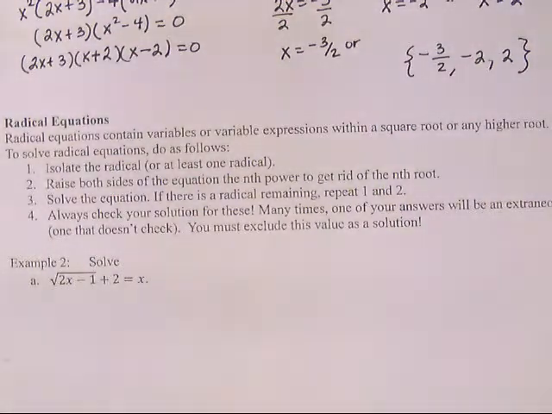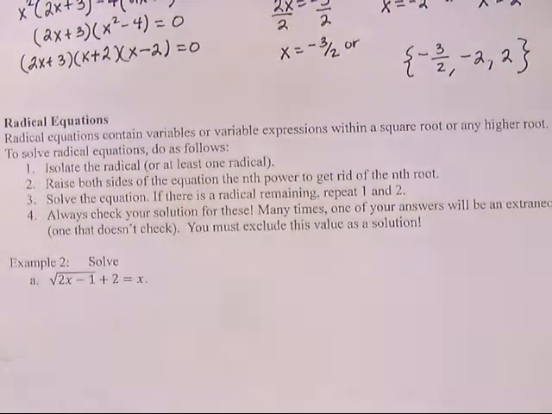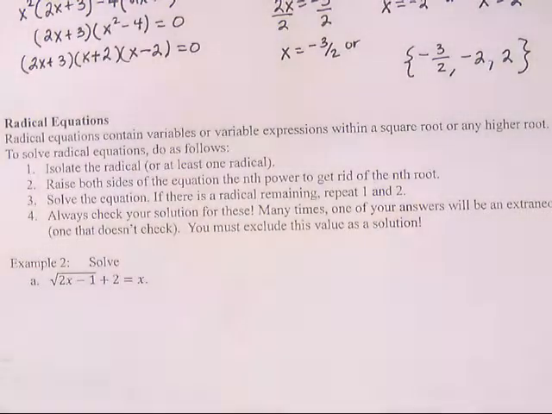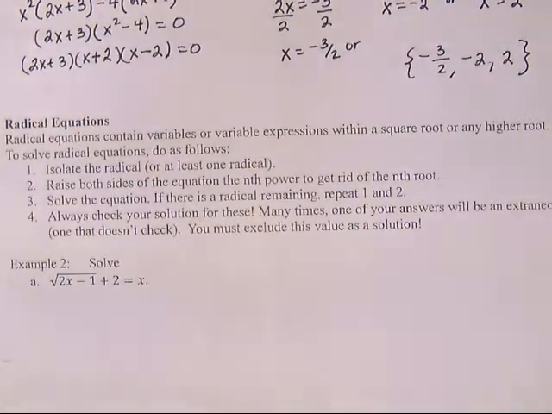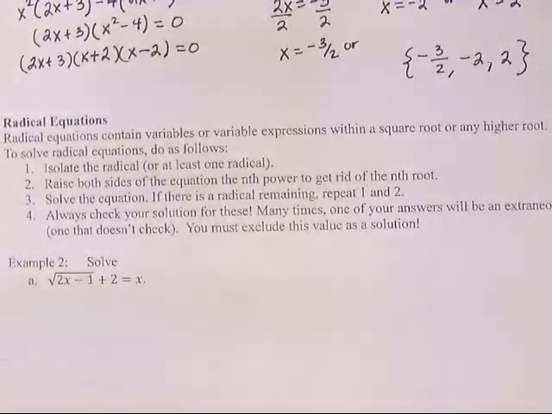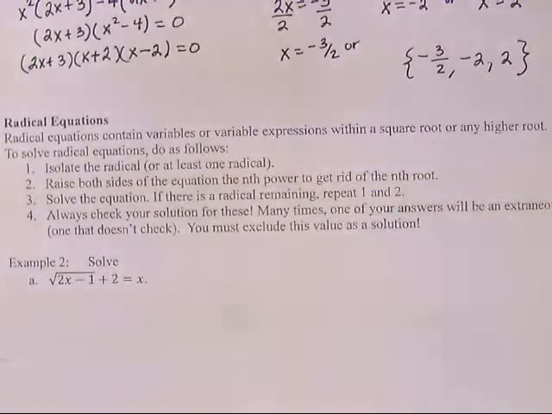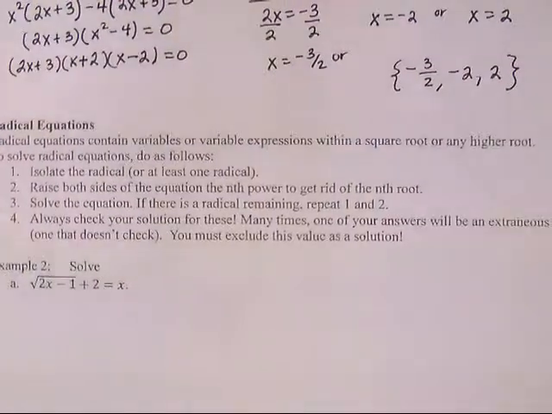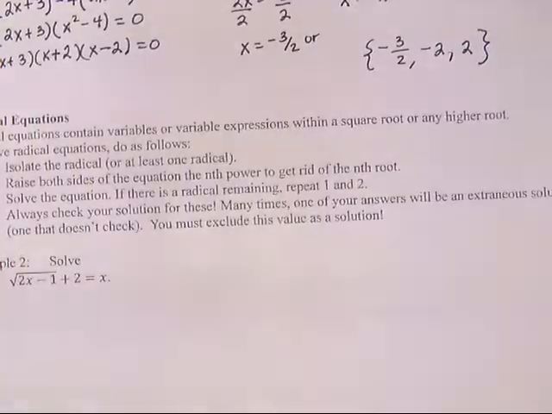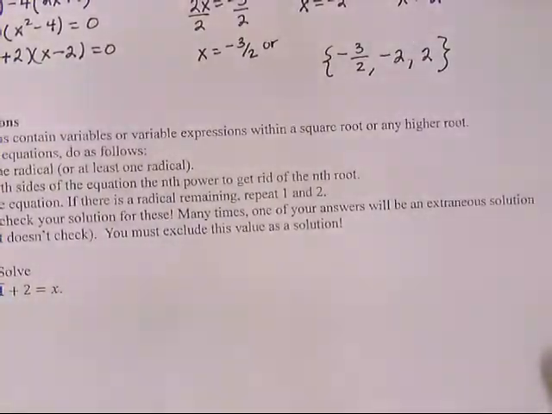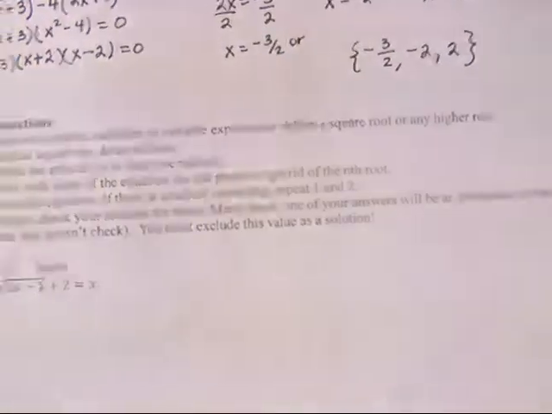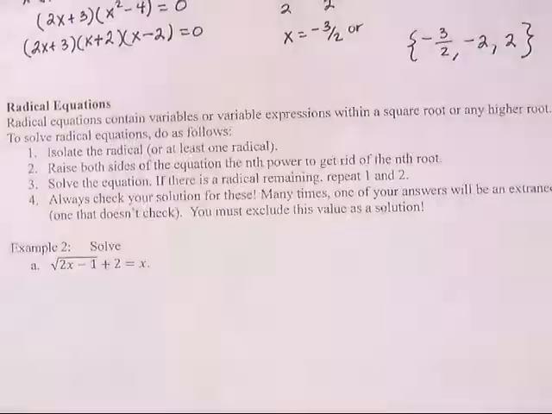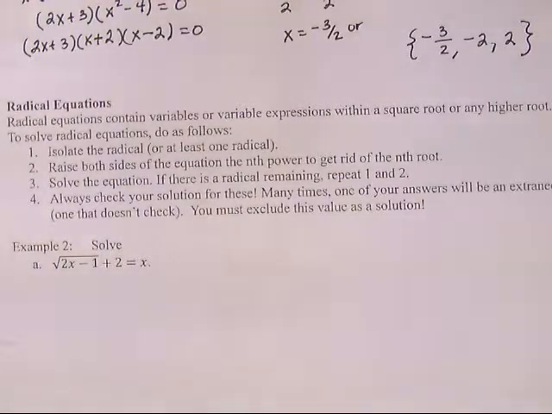And then number 2, raise both sides of the equation to the nth power to get rid of the nth root. And then number 3, solve the equation. If there is a radical remaining, you're going to repeat steps 1 and 2. And number 4, this is very important. You always check your solution for these, because many times one of your answers will be what we call an extraneous solution, and that's one that does not check. So here you must exclude this value as a solution.